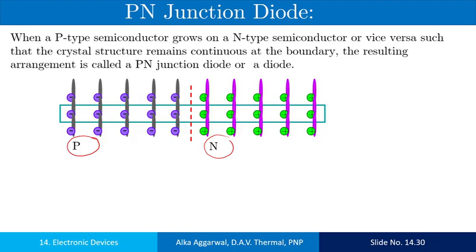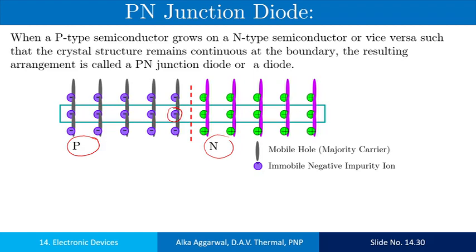Now let us see what processes occur during the formation of the p-n junction. Here this black color represents the hole, and this is an immobile negative impurity atom, that is, a dopant atom with a deficiency of one electron.